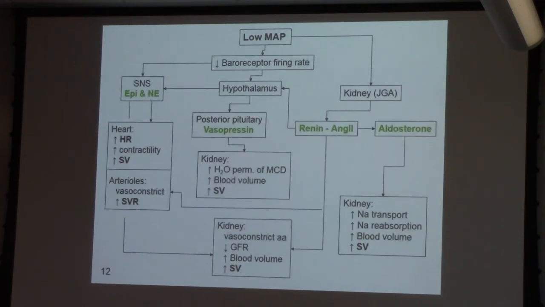We don't have to go through it, but we've got parts of it. Here's aldosterone. Here's the renin and angiotensin that led to aldosterone. Here's the sympathetic nervous system. Here's vasopressin. These are all things you've seen, and you can do this flow chart. This will be up on Moodle, and you can sort of tell yourself the story of this.